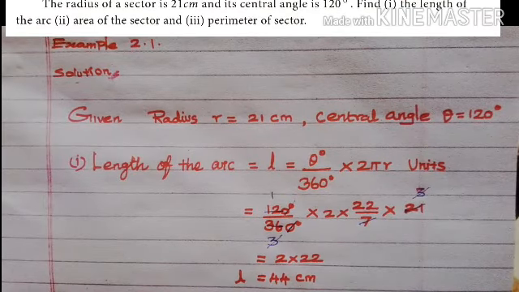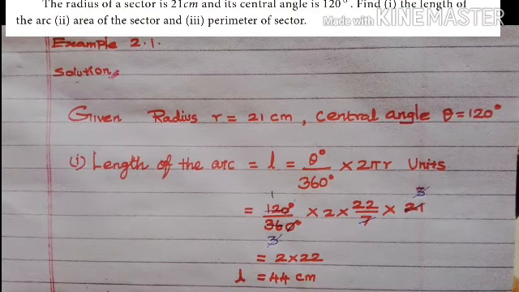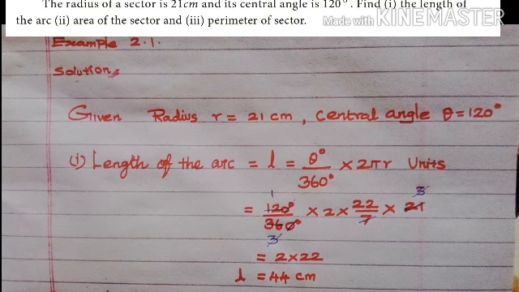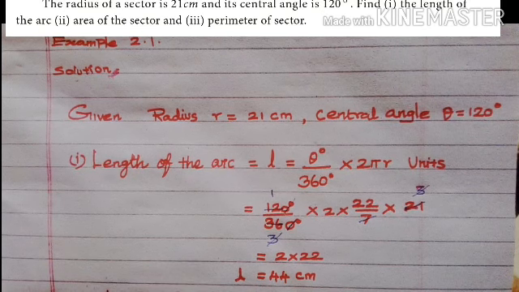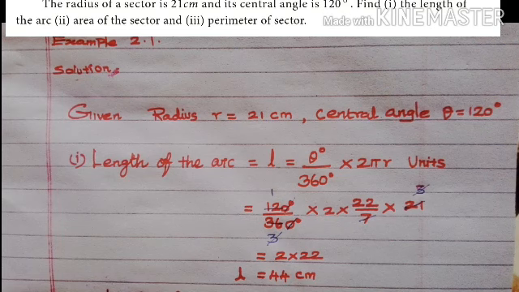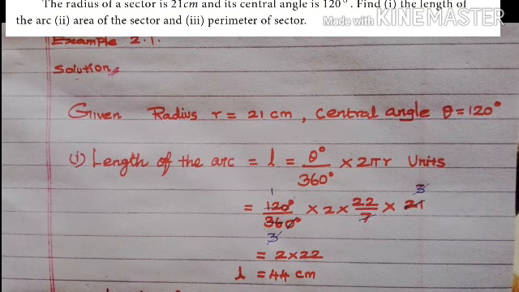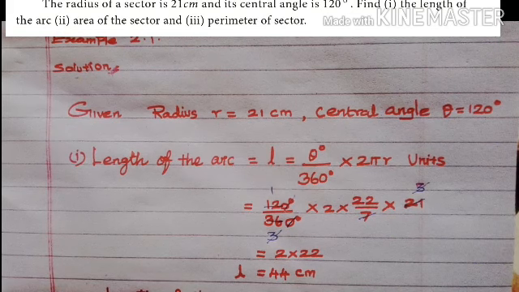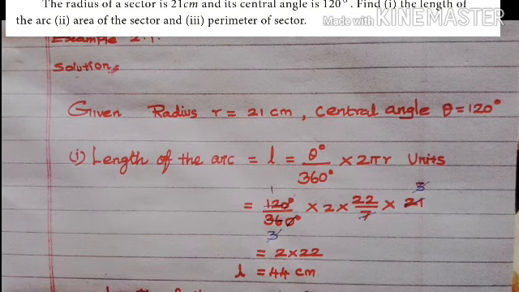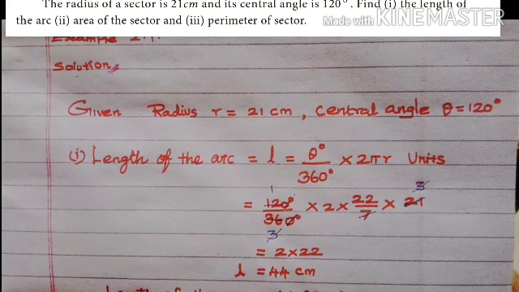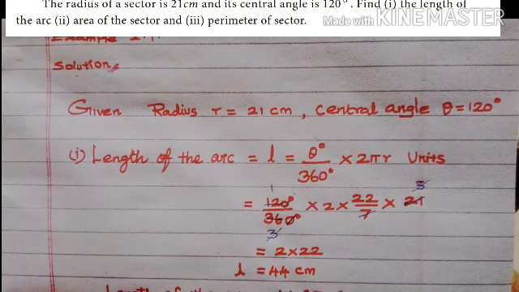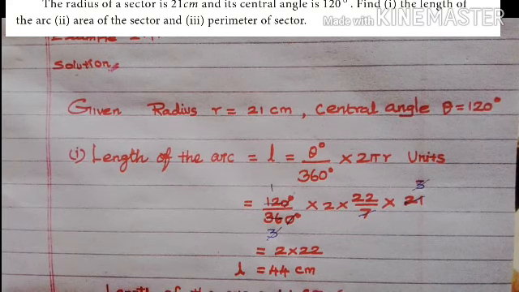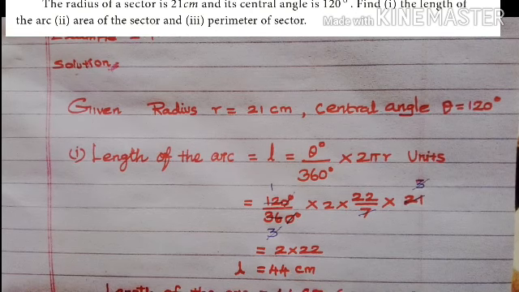And the answers are: in the question itself, the given radius r equal to 21 centimeter, central angle theta equal to 120 degree. First we are going to find the length of the arc. We know that the length of the arc formula is L equal to theta by 360 into 2 pi r units.